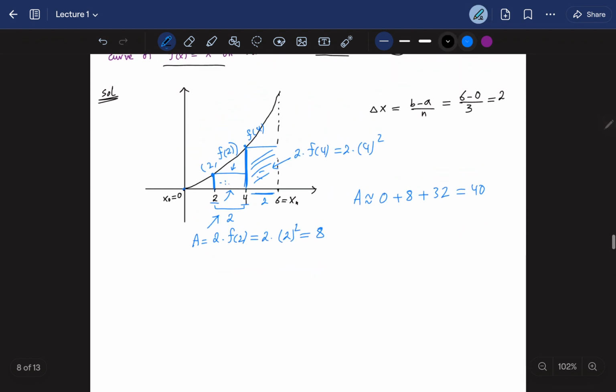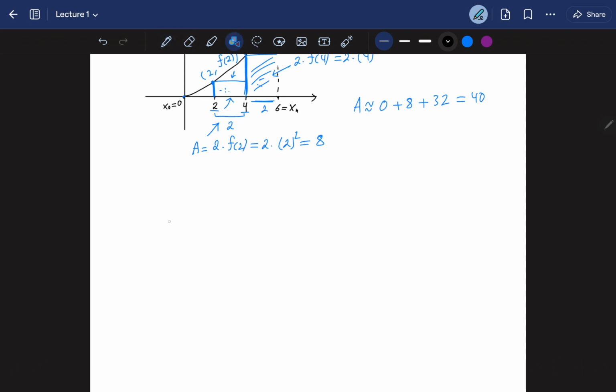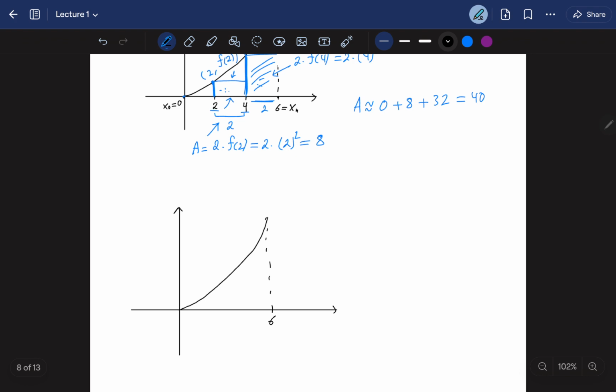So let's try the second example just to make sure that we understand it. Similarly here, we have the curve of f of x equals x squared from 0 to 6.